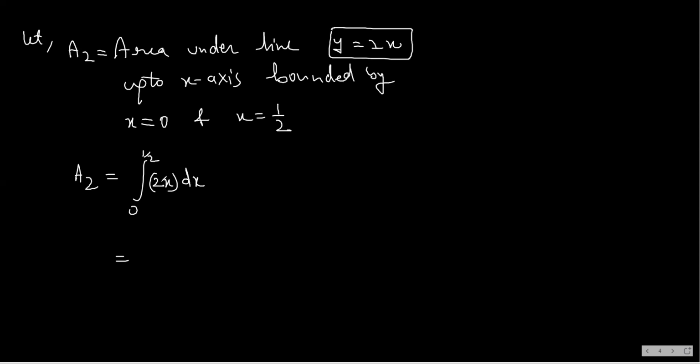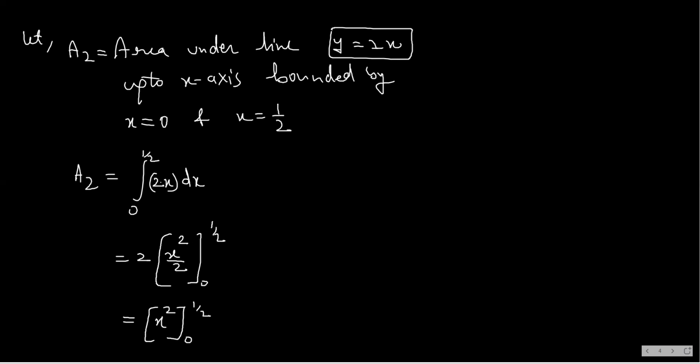Now look, this 2 comes out, and you get the integration of x, that is x square by 2, from 0 to half. What I did: it is 2x, so I took 2 out, so I got the integral of x dx, which is x square by 2. Now this 2 and this 2 will cancel, so you will have x square from 0 to half.